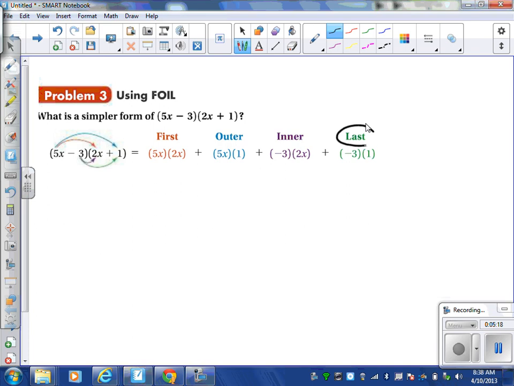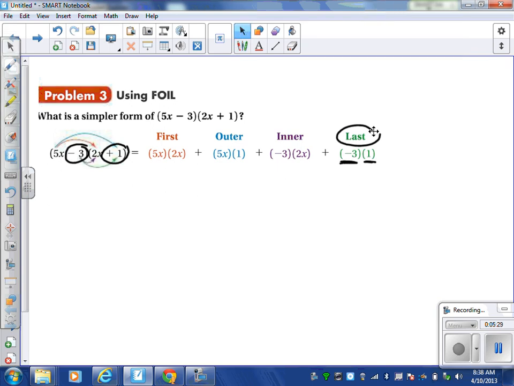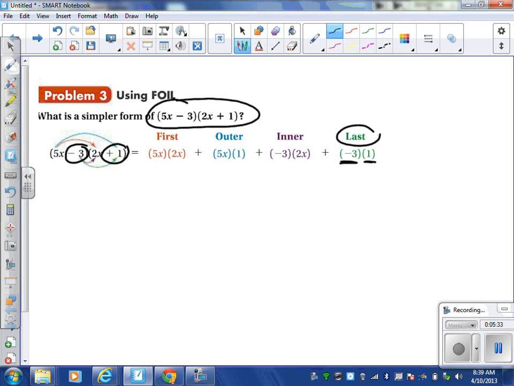And the last numbers would be negative 3 with positive 1. So it's negative 3 times 1. So that's how you would set up this problem using the FOIL method. Take the first, multiply together, plus the outer, multiply, plus the inner, and the last.